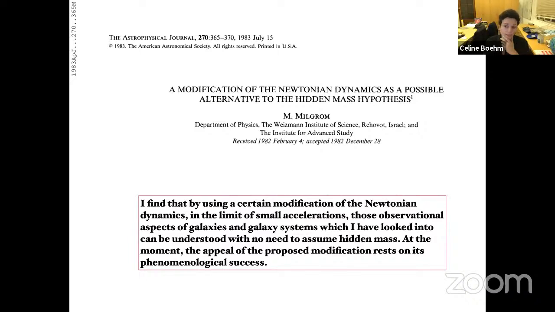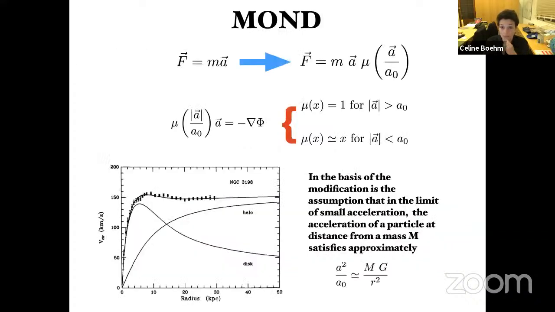It's basically saying no need to have new particles. You can just do it with gravity. It's a very important conclusion, if it's true, because what you need to modify is not the standard model of particle physics, but general relativity or Newtonian gravity.